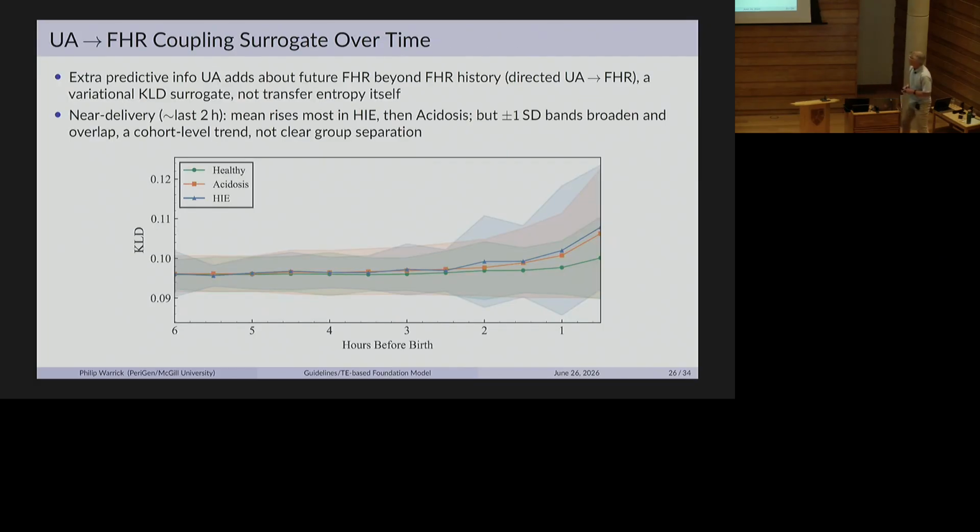And then finally, we looked at the surrogate for transfer entropy, which is the Kullback-Leibler divergence, which is built into the standard variational autoencoder. And we see more transfer entropy, or the surrogate for transfer entropy, in the unhealthy cases compared to the healthy cases.